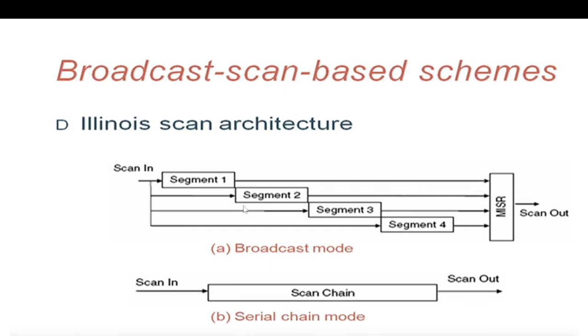In the scan architecture, the pattern is applied in the broadcast mode, and we obtain the outputs in parallel and use a MISR because multiple outputs are there, and get the scan out. But the same thing, if we connect it sequentially, we can apply the pattern in the serial mode and then obtain the output.